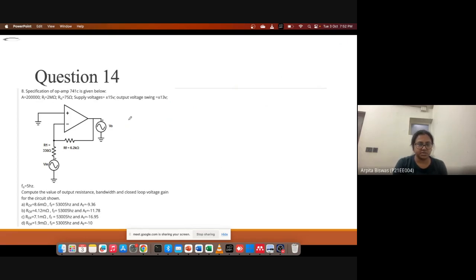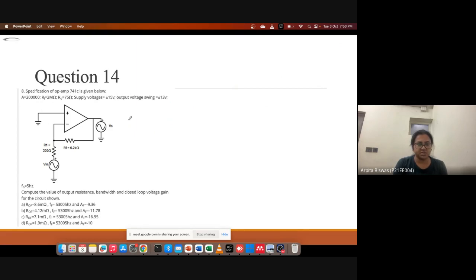So for the circuit shown, the first option is ROF equal to 8.6 mega ohm, FF equal to 53005 hertz and AF is minus 9.36. Option B, ROF is equal to 4.12 mega ohm, FF equal to 53005 hertz and AF is equal to minus 11.78.